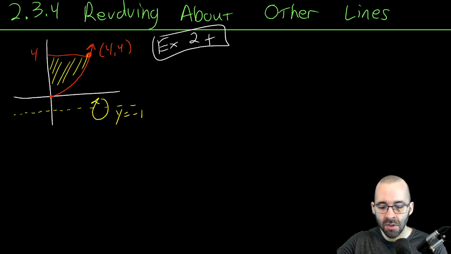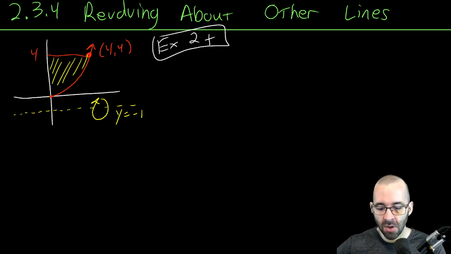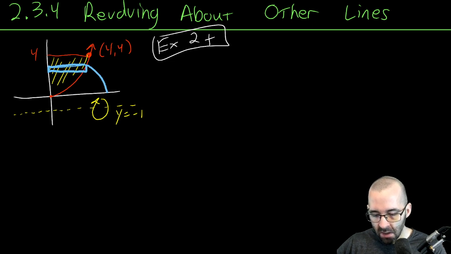So if we're revolving it about the x-axis, or something parallel to the x-axis, it's going to be in terms of y. We're looking at these little rectangles. Now, instead of revolving around this axis, now we're revolving like this.